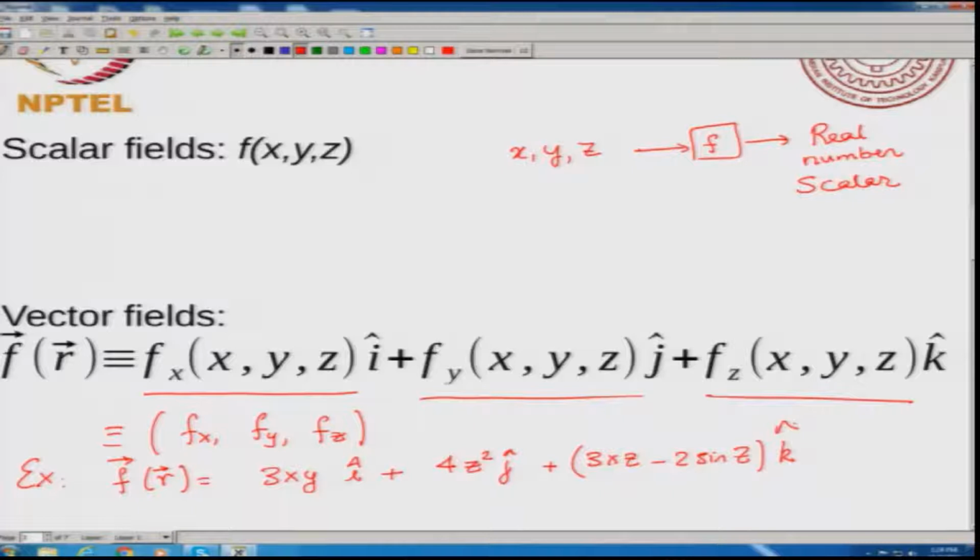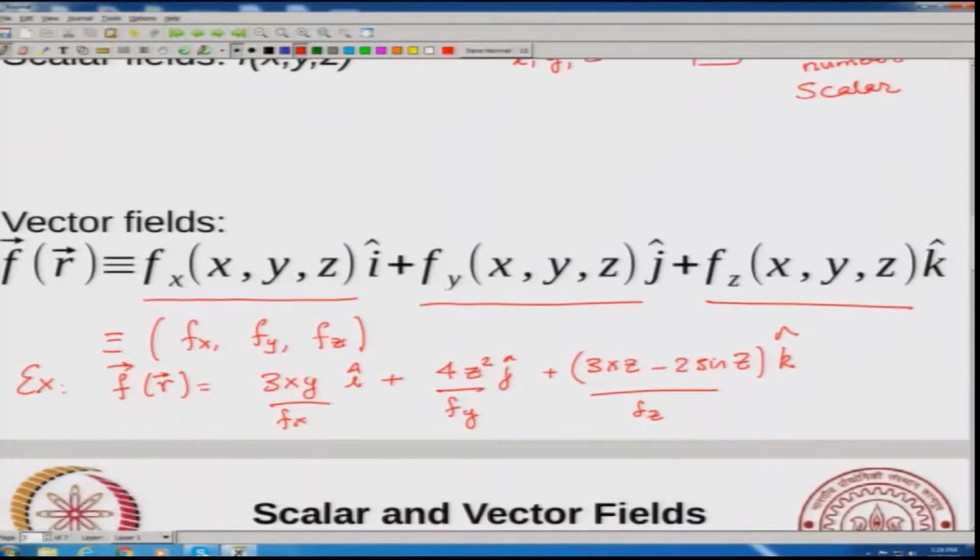So, this is my f x, this is my f y, and this is the f z. Okay. So, what we did here is we said that these f x, f y, f z are all scalar fields. So f x itself is a scalar field, f y itself is a scalar field, f z itself is a scalar field, and these are components of the vector field f.